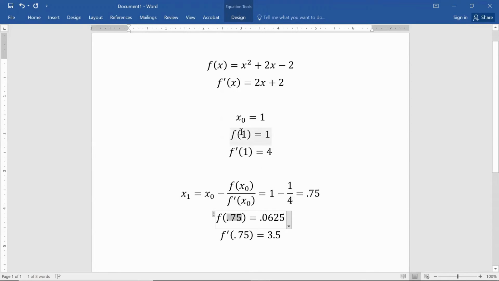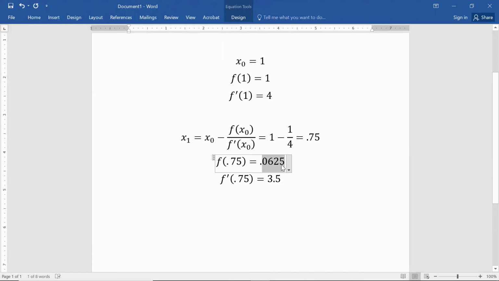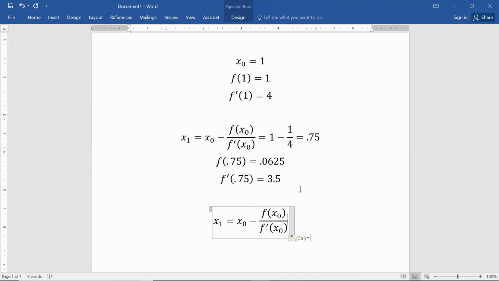So this is a better guess for the root than this was. Obviously, 0.75 is not a root itself, so we go and do another iteration. Let's go ahead and do that.